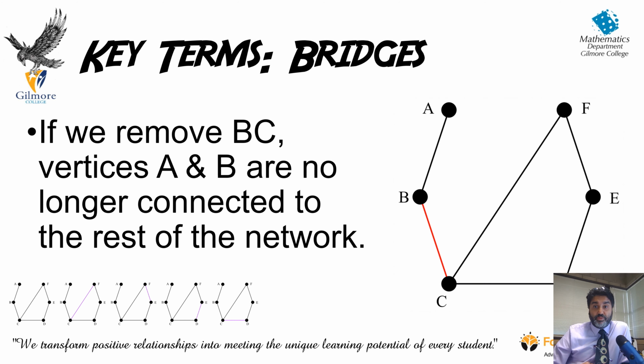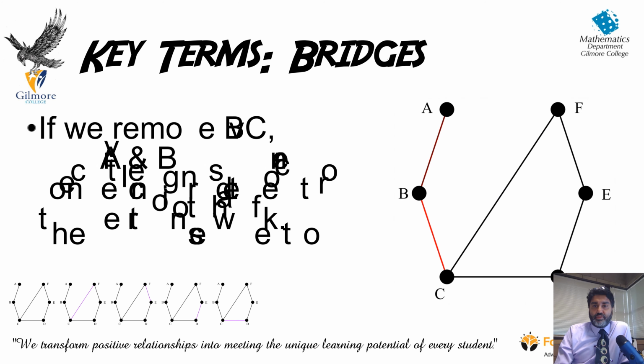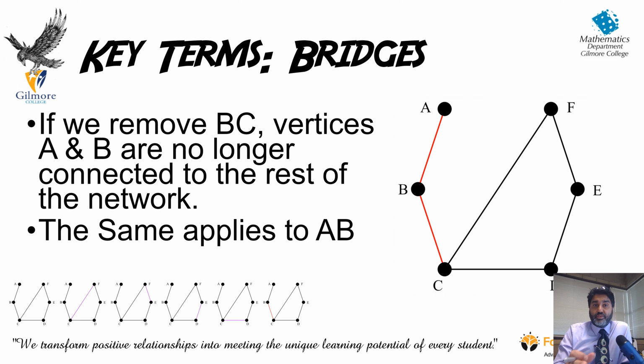Now, if we removed BC though, these two vertices are no longer connected to this larger network here. Okay, so it's actually disconnected. So therefore, if we remove BC, A and B are no longer connected to the network.